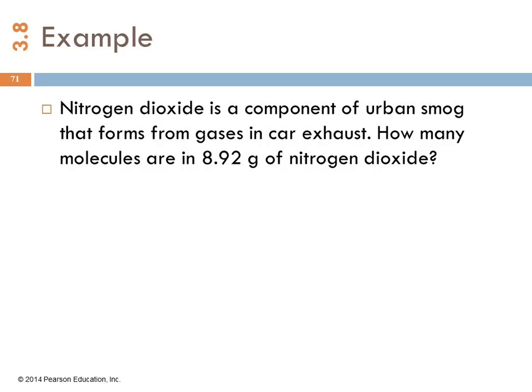Well, this comes down to being a dimensional analysis problem. There's only one number in the problem, 8.92 grams. What's the formula of nitrogen dioxide? NO2. And they want to know how many molecules of that.